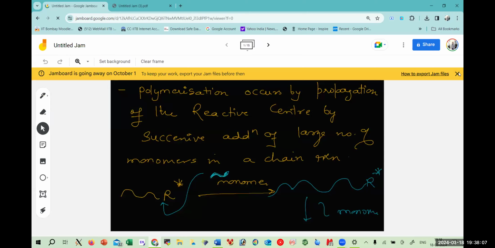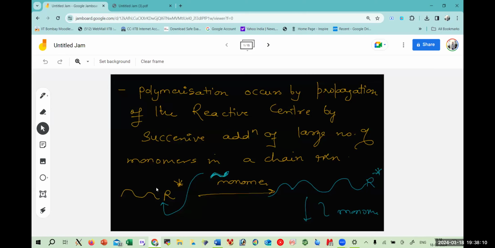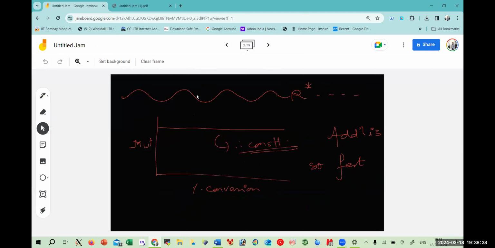Once it is formed, this was my monomer. I have initiated this group, and this R star symbolizes the active center where the other monomers are going to attack. This blue one is my second monomer, which is coming and attacking this one. It forms a long chain.